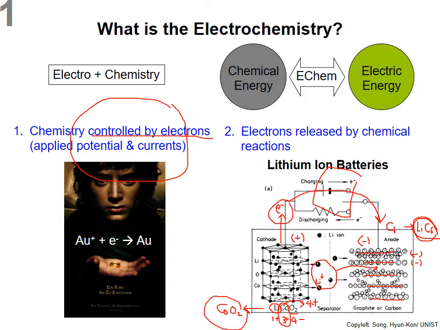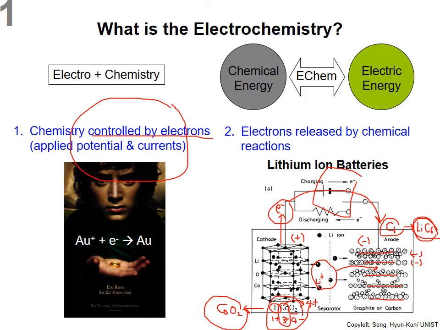Also you have a high energy cobalt oxide. Compared to just graphite or just lithium cobalt oxide, those two are very energetic ones. And also lithiated graphite wants to be converted to the original graphite, and cobalt oxide wants to go to lithium cobalt oxide.